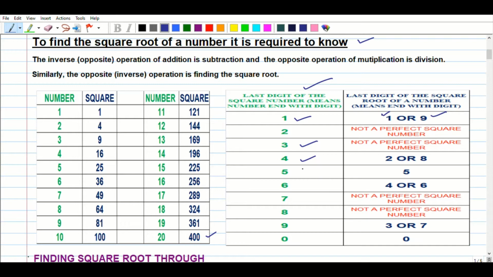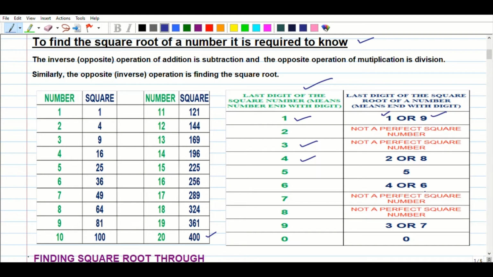For 5, no change: 5 stays 5 after the square root. If the unit place is 6, the root will end in 4 or 6. 7 is not a perfect square, 8 is not a perfect square. 9 has root ending in 3 or 7, and 0 has 0.